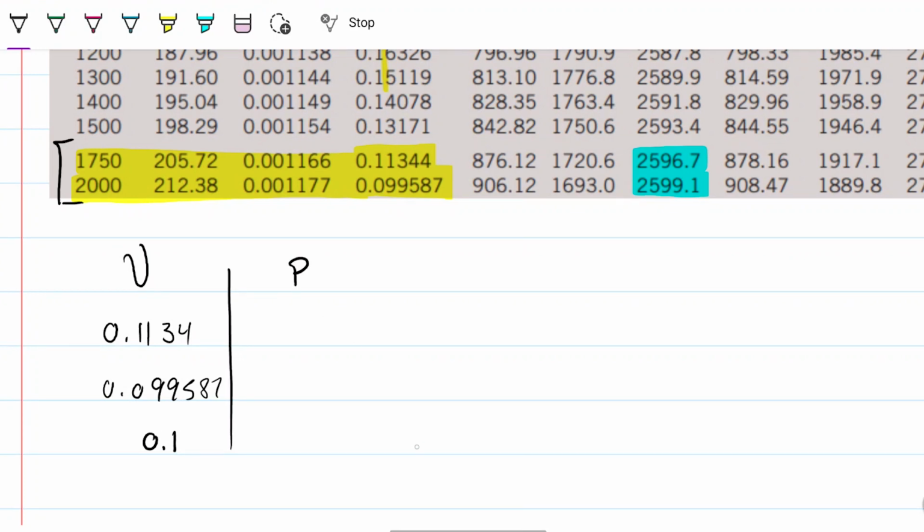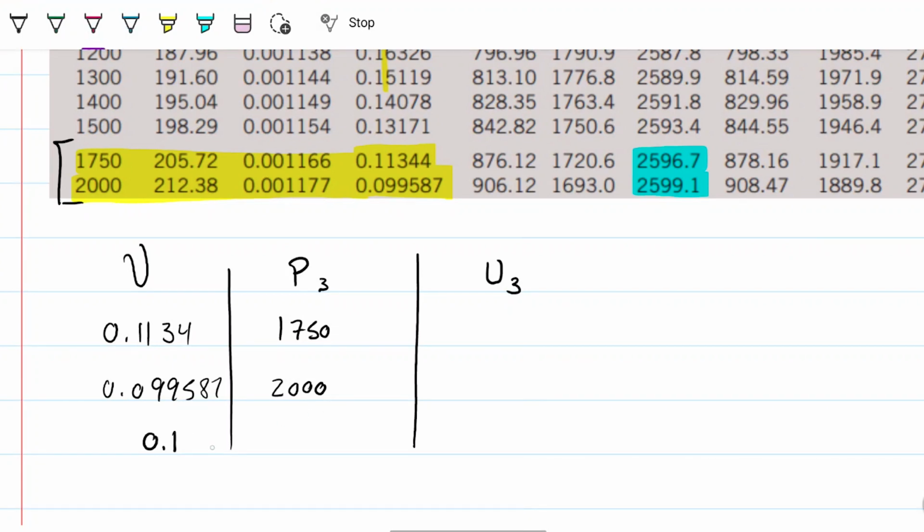And here I'm going to grab pressure, because one of the things we're being asked to find out is P3. We know it's going to be between 750 kilopascals and 2000 kilopascals.